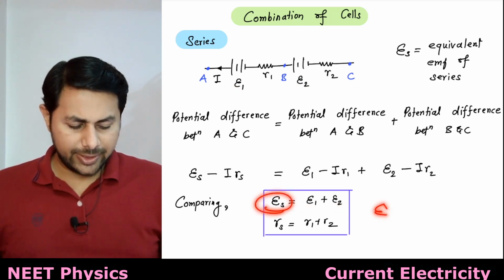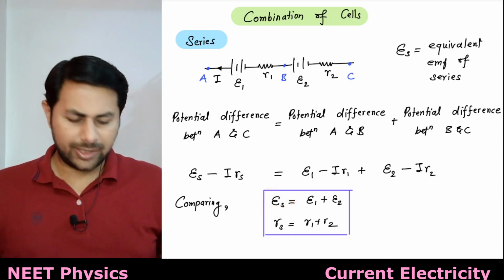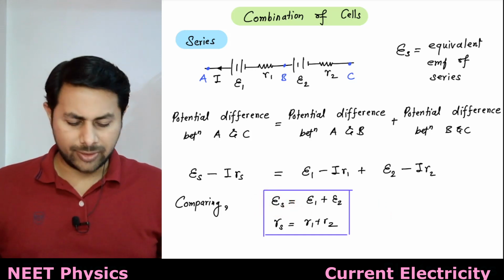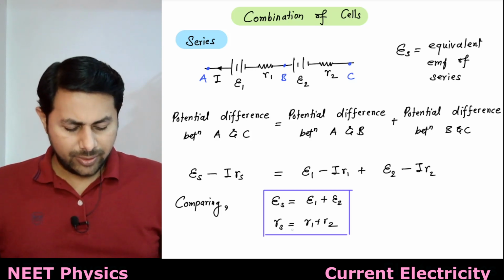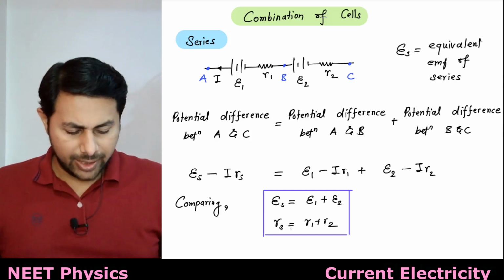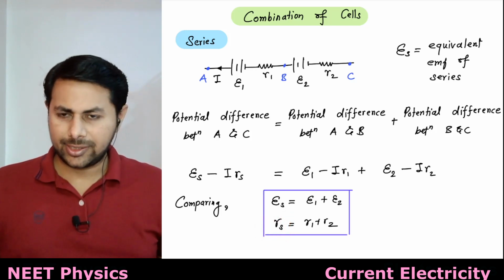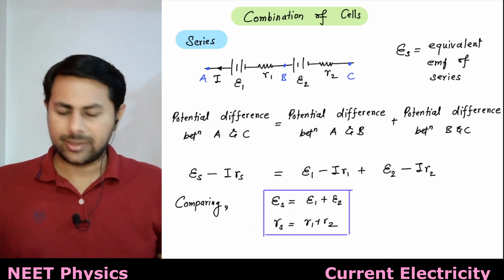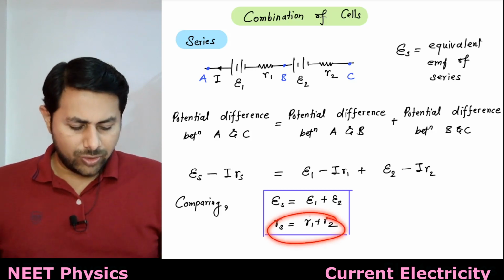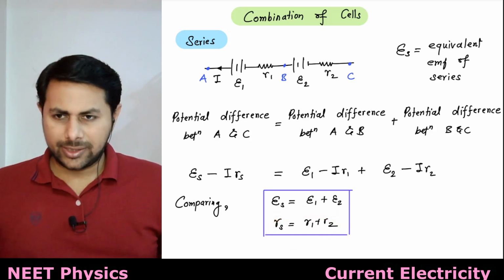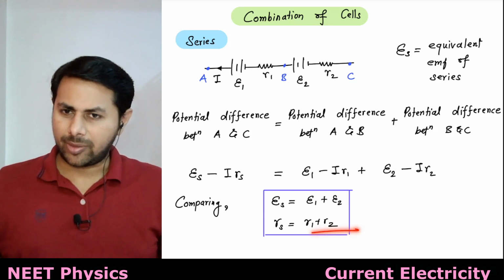So E_S is equal to E1 plus E2 plus E3, and so on. And what will be the internal resistance? Because you are connecting them in series, it's just the sum of the internal resistances. So just remember this formula.